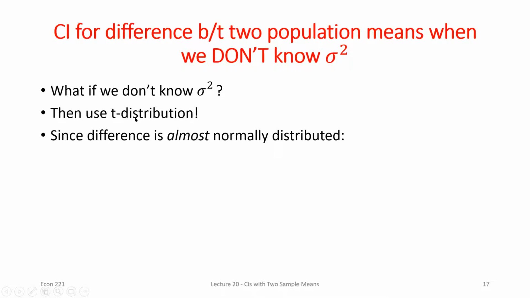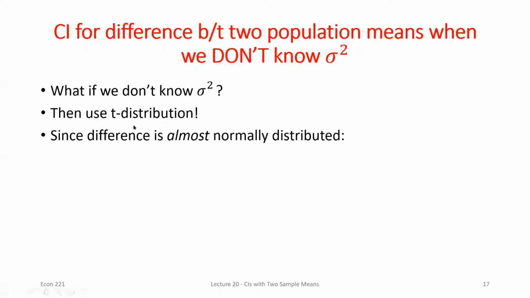Well, we're going to use the student t-distribution just like we did for one population examples. However, the difference isn't quite normally distributed. So you can kind of imagine, when I was drawing out, okay, we know that each sample mean has its own normal distribution. So what's the most likely difference we see? And then we can plot out, okay, now the difference will also be normally distributed.